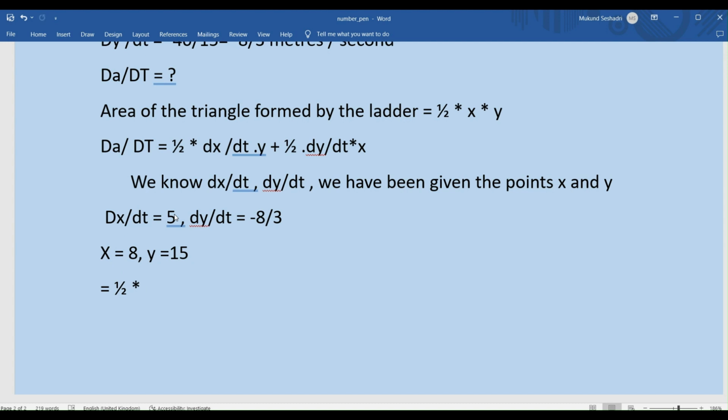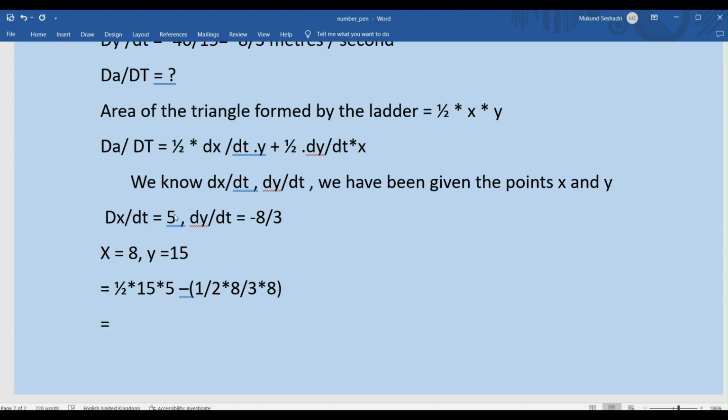So we have half into y, which is 15, into dx by dt, which is 5, minus half into 8 divided by 3, which is our dy by dt, into x, which is 8, right?